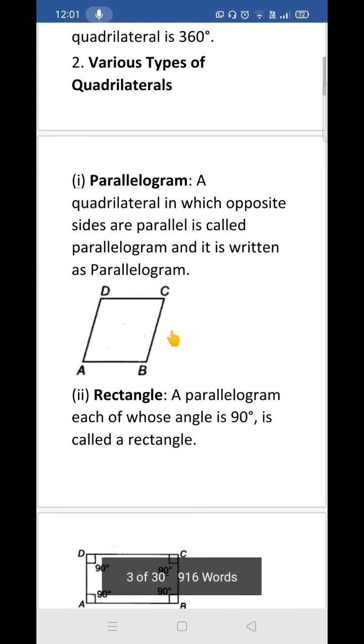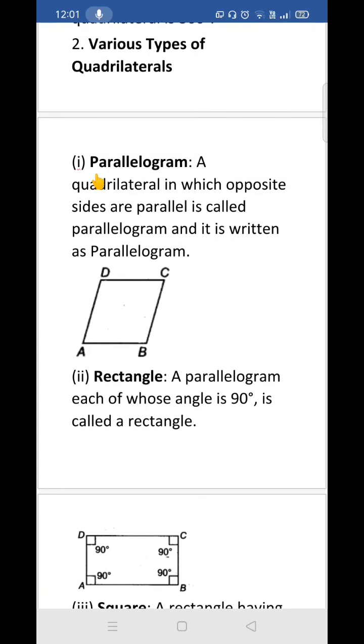Now we'll see the various types of quadrilaterals. First one is the parallelogram. Here you can see in this figure, this is a parallelogram. It is a quadrilateral, with four line segments, four vertices and four angles, right? It is a quadrilateral in which opposite sides are parallel.